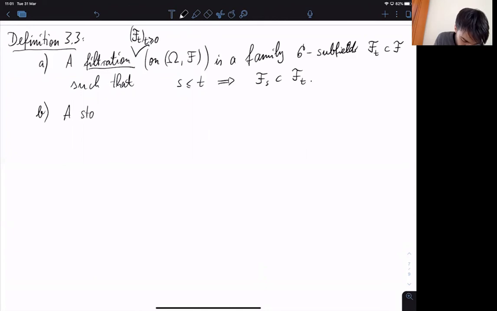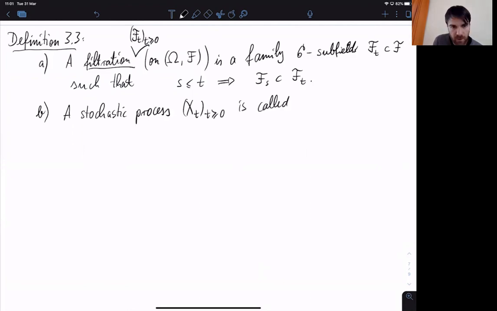And now with this definition, I can define what a martingale is.